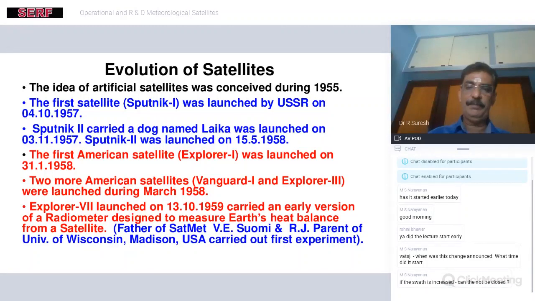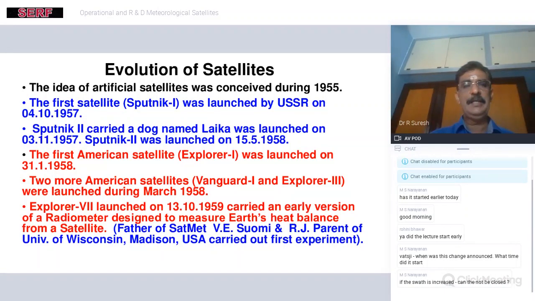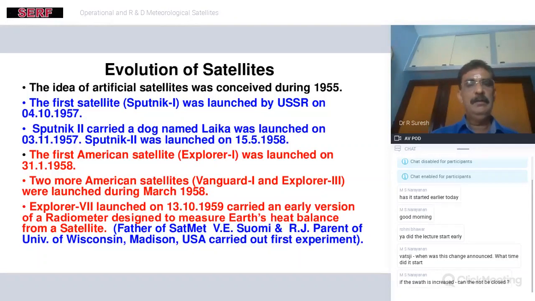Now coming to the actual topic of today's lecture, evolution of satellites. The very first idea came sometime in 1955 and was put into actual implementation in 1957, October 4th. The first satellite, called Sputnik 1, was launched by the USSR.